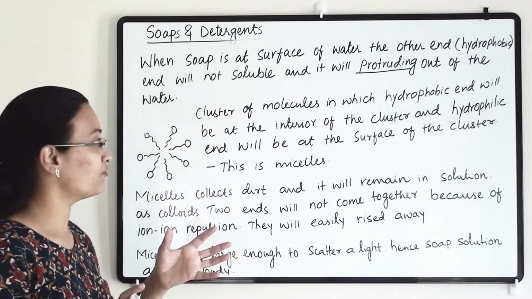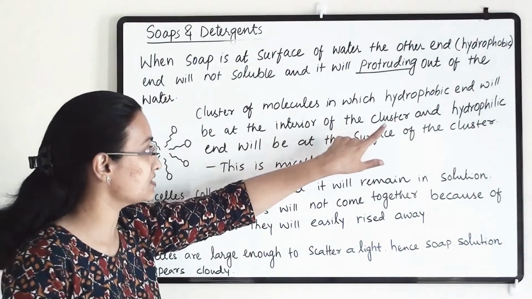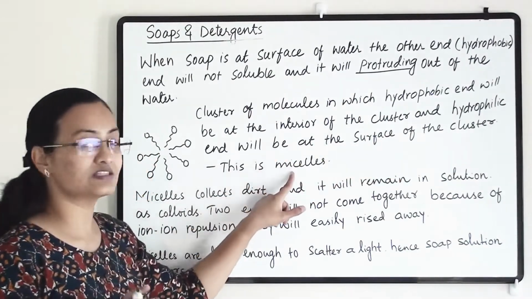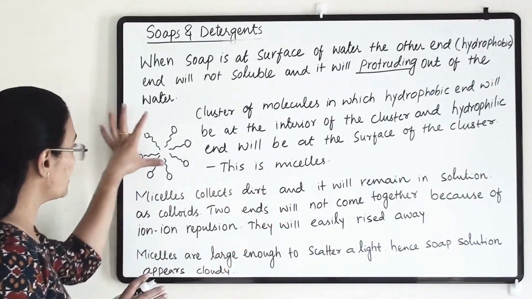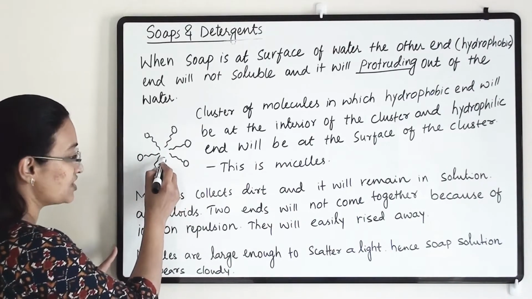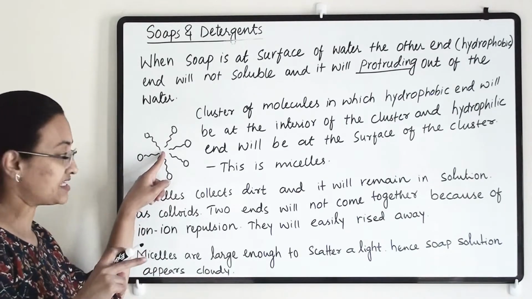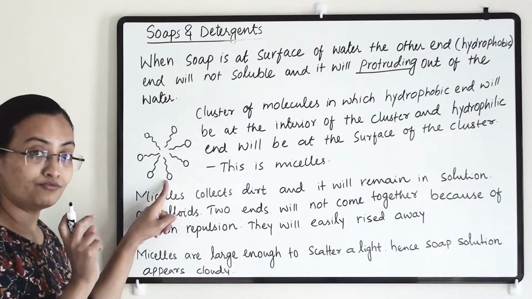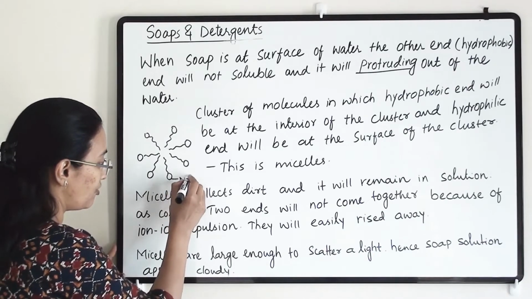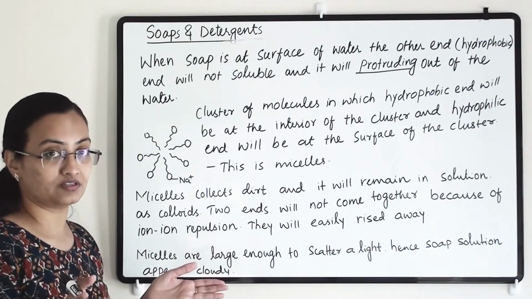Cluster means a group of molecules in which the hydrophobic end will be at the interior of the cluster and the hydrophilic end will be at the surface of the cluster. This is the formation of micelles. Here I have shown the formation of the micelle, where this carbon chain, which is interacting with the oil, will remain inside or in the interior of the micelle, whereas this end, which is hydrophilic in nature, is interacting with the water and it has ions on top of that, either sodium or potassium, that will remain outside of the cluster.